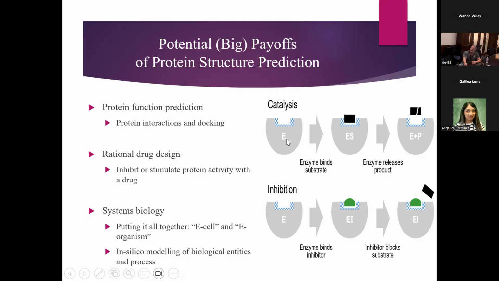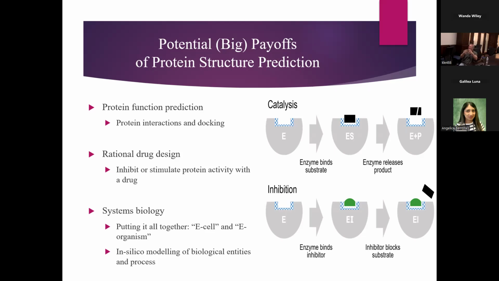So we know how enzymes work pretty well. And so what we're trying to do now is extend that knowledge to other proteins that we've been able to identify to try to study how they interact, how they touch, how they dock when they interact with other proteins. Because again, we always draw this as cartoons, so it's easy for us to visualize. But you have to keep in mind when we're thinking about this in reality, you have these two weird three-dimensional shapes that have to come and fit together.